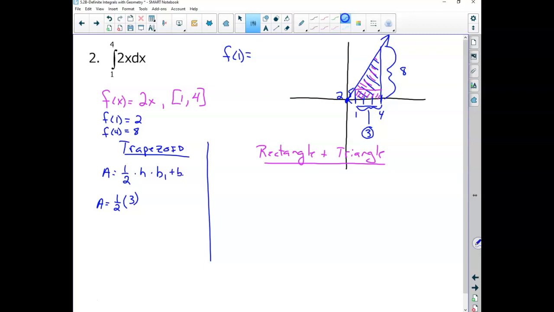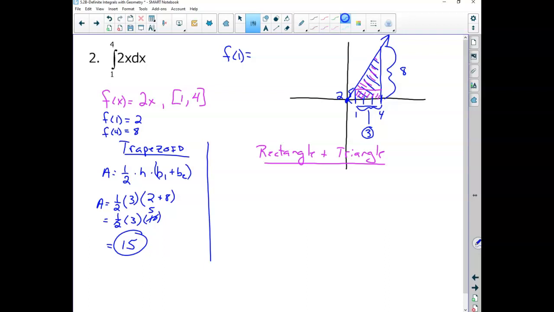Base 1 plus base 2, because there are 2 bases in a trapezoid. I apologize. And that's going to be times, one base is 2, the other base is plus 8. So that gives me 1/2 times 3 times 10. I call that a 5, and the area ends up being 15. So that integral is going to be 15.